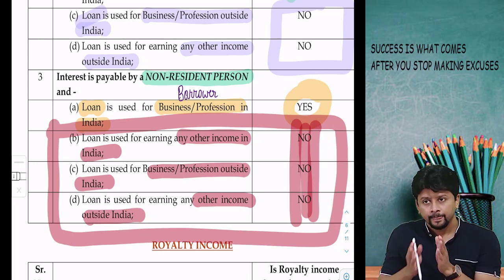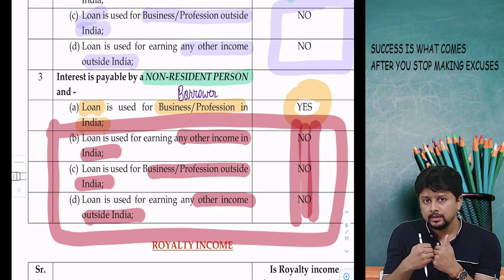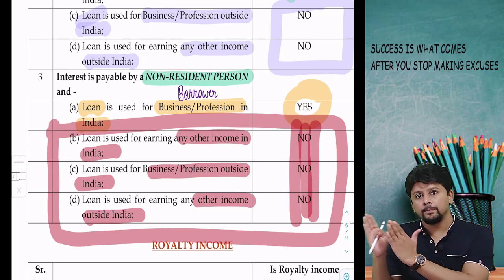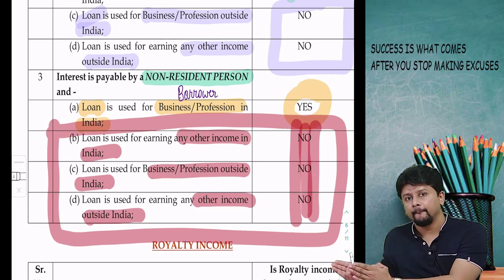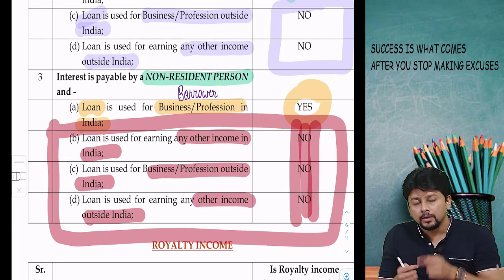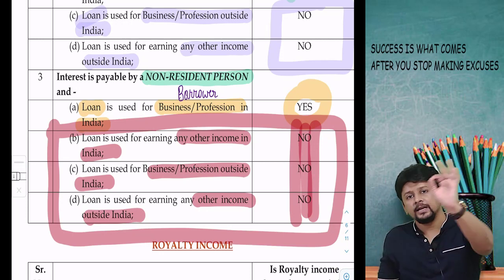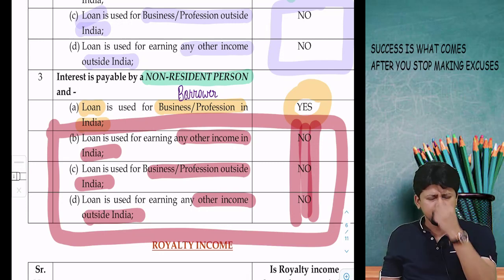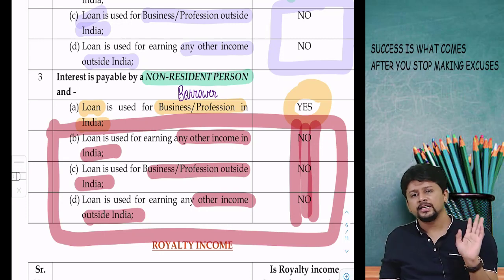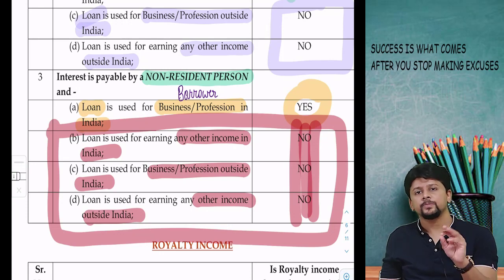I'll repeat this. A non-resident is borrowing money and using the money to do a PGBP activity in India, then when this non-resident borrower will pay interest to the lender, for that lender section 9 will apply, deemed to accrue in India. In every other situation, interest income is not taxable in India as per section 9.